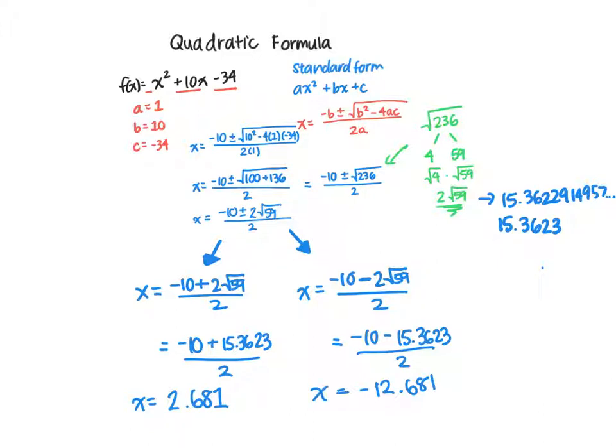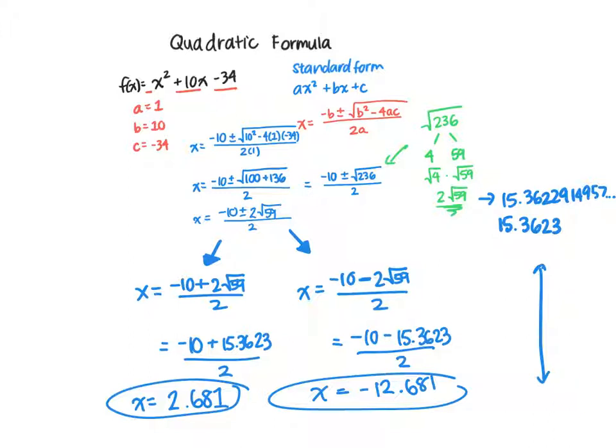Okay, so here you have your answers in decimal form. If you would like to plot it, that means our roots here would be at negative 12.681 and at 2.681.